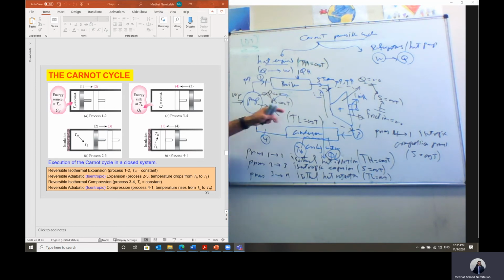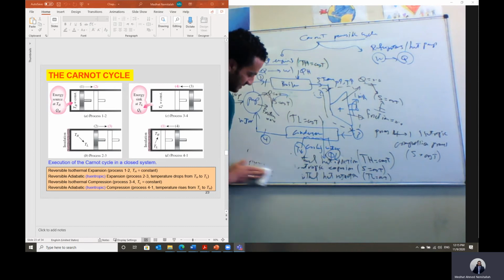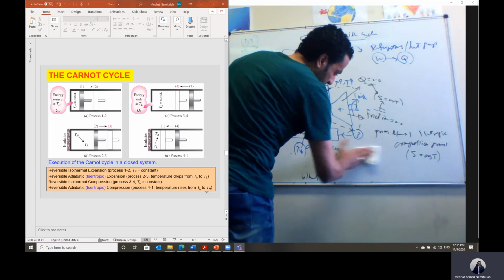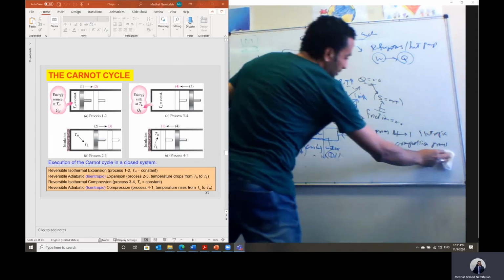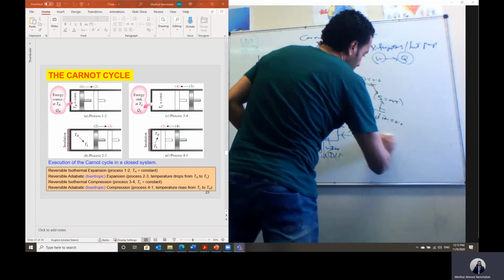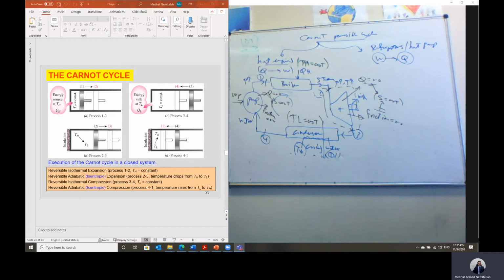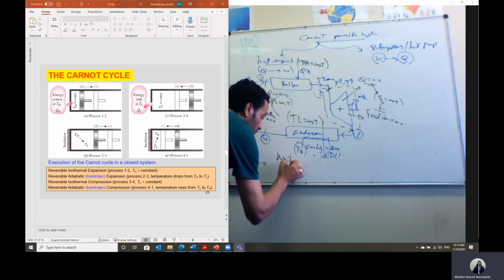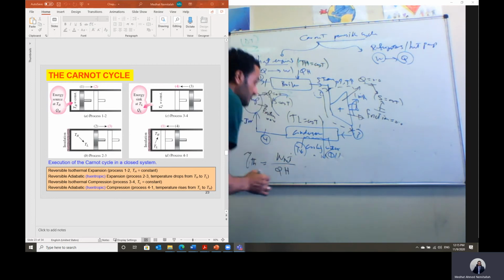Okay, but to evaluate the performance of this cycle, we calculate the thermal efficiency. Thermal efficiency is equal to the net work divided by the heat added. So thermal efficiency for this cycle should equal work net divided by Q high.